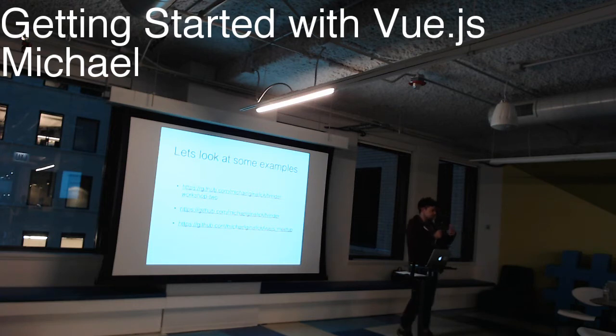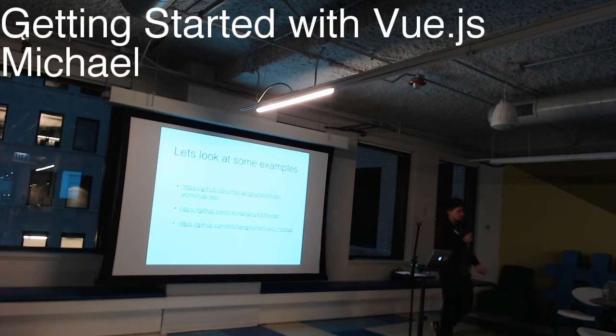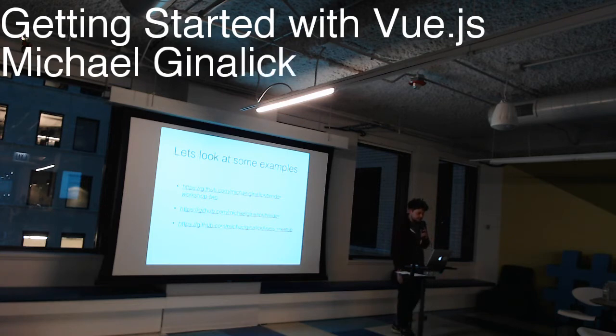Likewise, when you require an event, or when you require data, you have to namespace it appropriately. So the question was, how big does the store get? And it gets big. It's just like a parent, but with more responsibility. And you can namespace it as such.